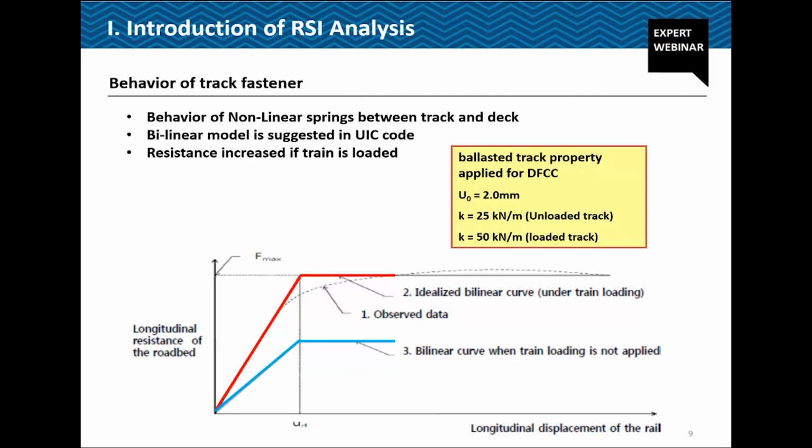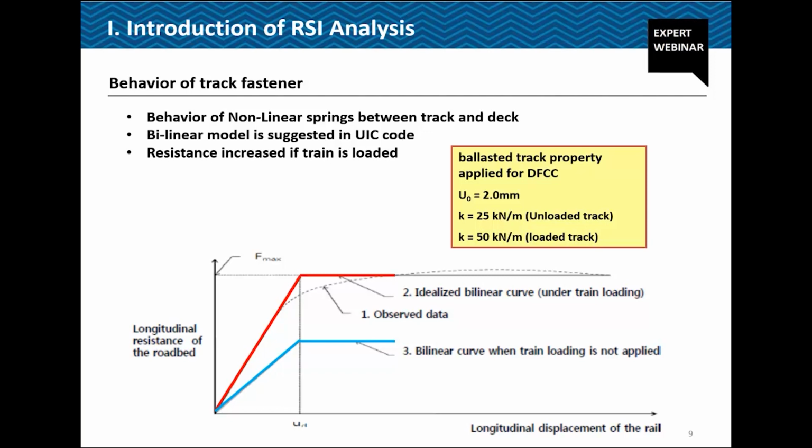For example, if this is the resistance of the fastener, and there is a relative displacement between the rail and the deck up to a certain limit, the resistance increases like this. In the UIC code, a bilinear curve is suggested to demonstrate this nonlinear behavior.